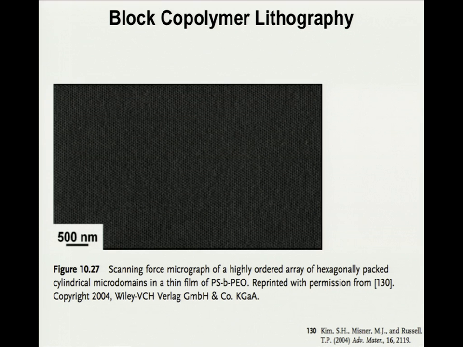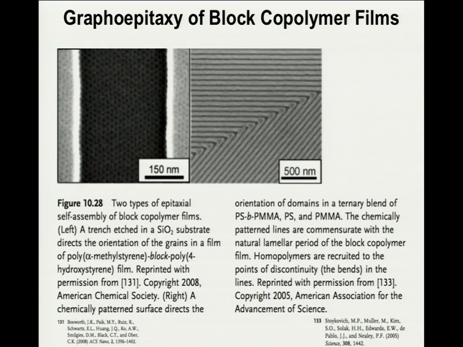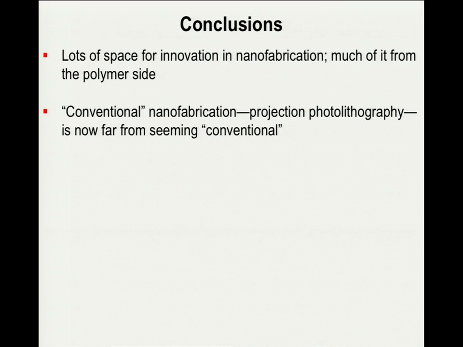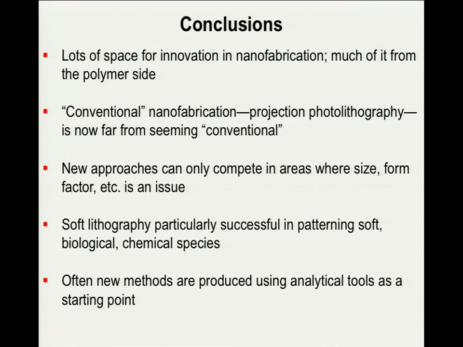You can see all the dots here, and they're perfectly registered across several microns. This is graphoepitaxy. You can get the block copolymer films to form within edges. You can get them to bend around angles. You can get them to form these brain-like structures, brains. And in conclusion, lithography is great, and I'll see you all on Wednesday.